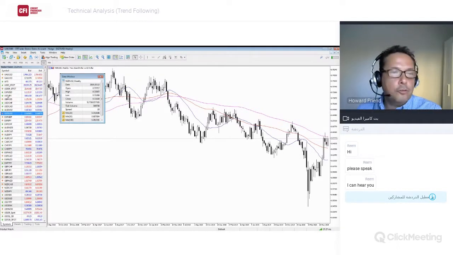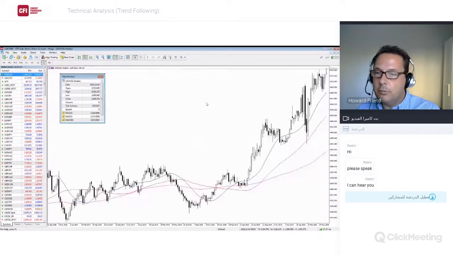Just want to move across to gold, which has performed really, really well. You can see with gold, again, using the weeklies, we've got a kind of bullish crossover here where the shortest one is above all of them. Price is above all of them. And then we're getting the pullback. The rising 50-week moving average finds support there.